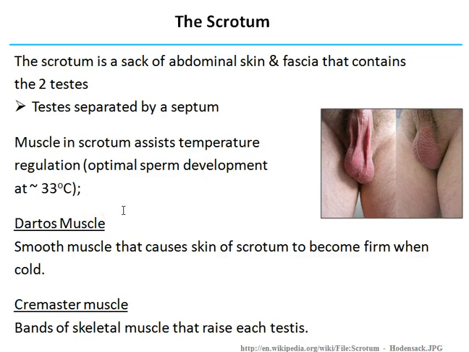Allowing us to do that, we have some cooling mechanisms in place, and these are associated with muscle layers. Firstly, we have layers of smooth muscle called dartos muscle. That causes the skin of the scrotum to wrinkle, and that helps with cooling. We also have cremaster muscle. That's bands of skeletal muscle that help raise the testes if it's too cold.